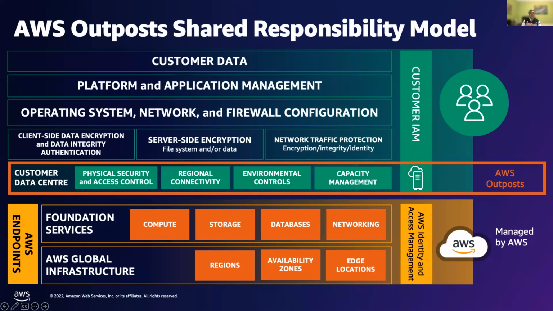However, in the case of Outposts, there's that gray middle area, where we have actually deployed infrastructure in your data center, but we manage it, and we are responsible for that, right? But all your data itself is your responsibility, rightly so, because you own the data. You have complete control over how you manage your platform, your application, and all your configurations. That still remains the same. So that's your responsibility on top of that.